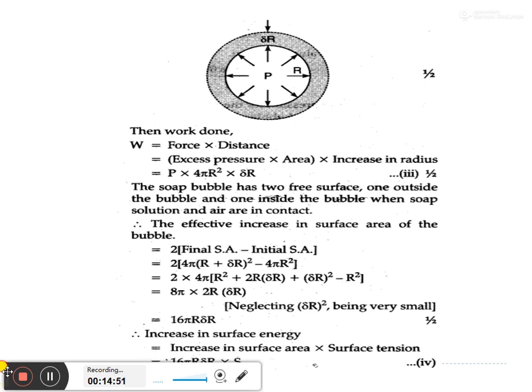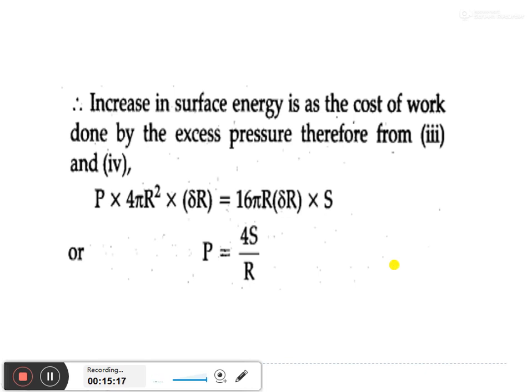Increase in surface area into surface tension is 16 pi R delta R into S. And by equilibrium we equate equation 3 to equation 4, that is P into 4 pi R squared into delta R equals 16 pi R delta R into S. By cancelling 4 pi R delta R we write P equals 4S by R, that is, the excess pressure inside a soap bubble is 4 times the surface tension over the radius of the bubble.